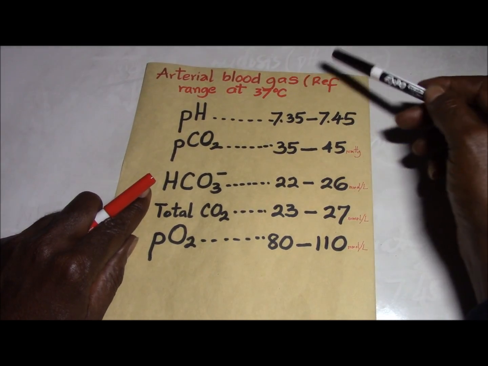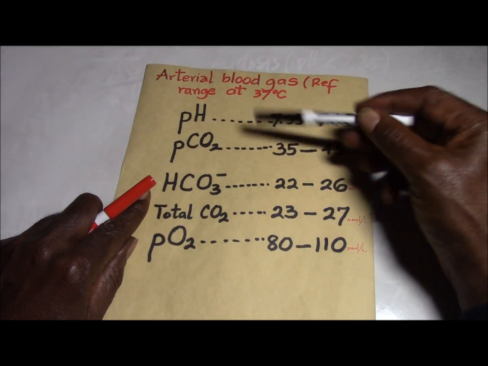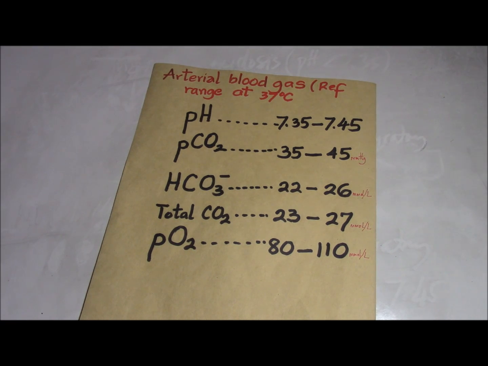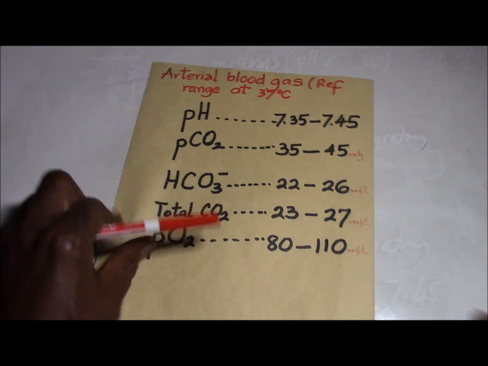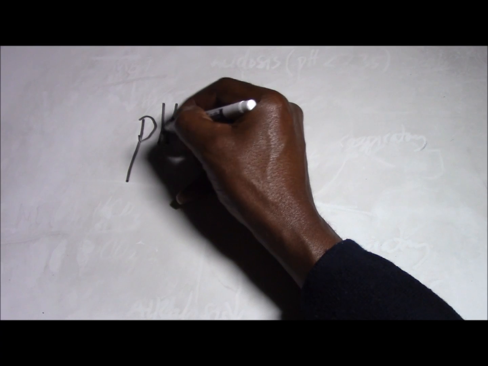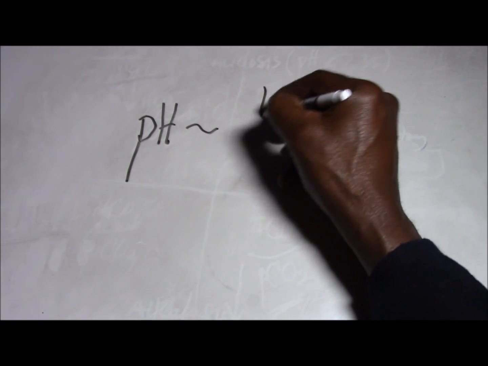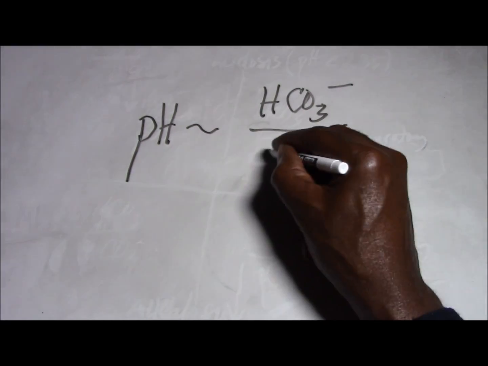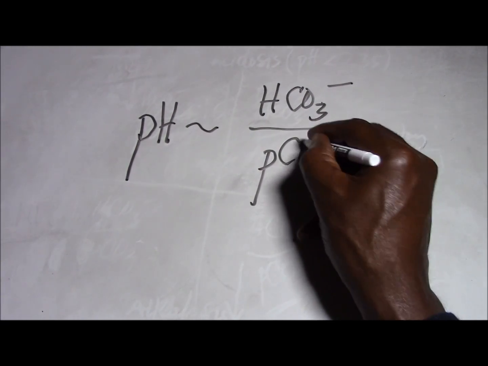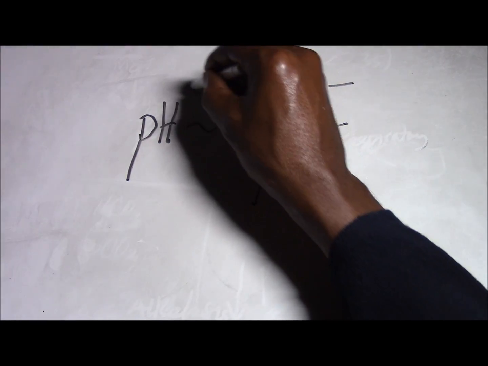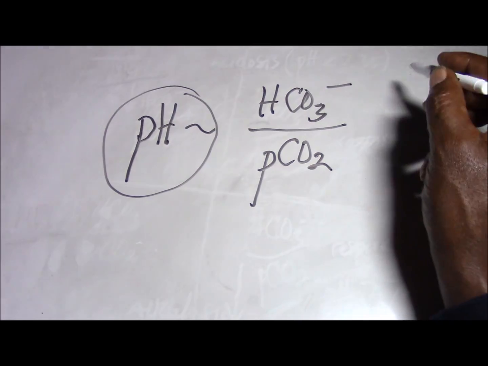Now, these are the arterial blood gas reference ranges, and these three are the ones that you should be most concerned with. And the reason is simple, because in the table we drew a little earlier on, we had three major players here, or variables. We had the bicarbonate ion, and then we had the partial pressure of carbon dioxide. So, you need to know the reference range for the pH.